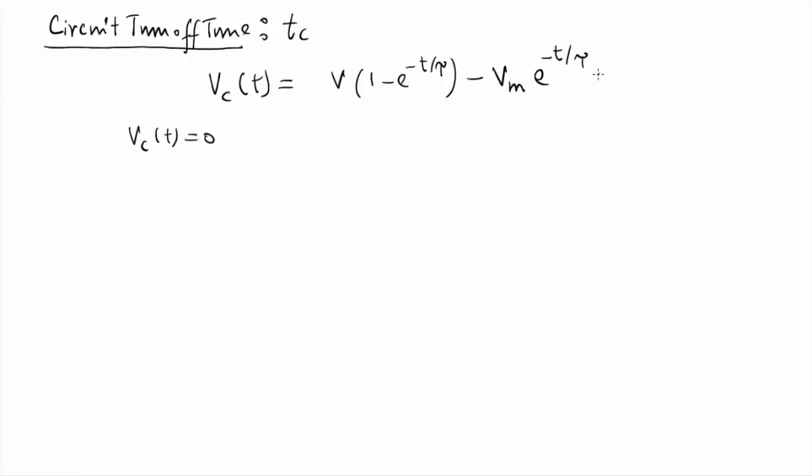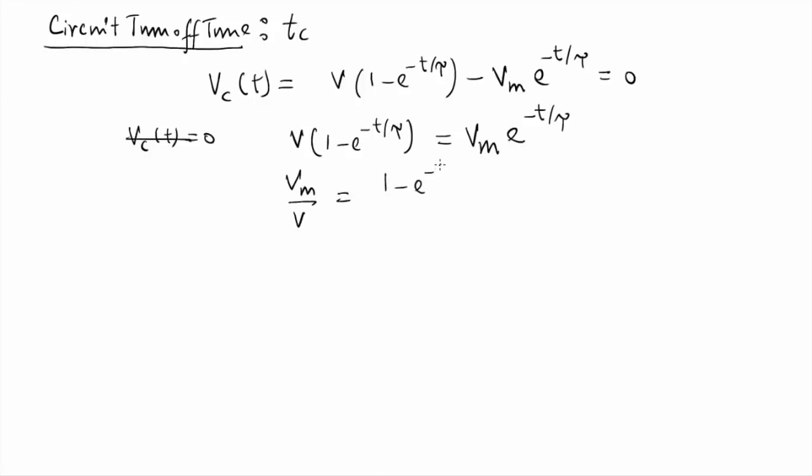So put the Vc of t equation equal to 0. Then I can write Vm upon V is equal to 1 minus e to the power minus t upon tau, upon e to the power minus t upon tau. Now at t equal to T by 2, I already found the voltage across the capacitor. What was the voltage across the capacitor at t equal to T by 2?